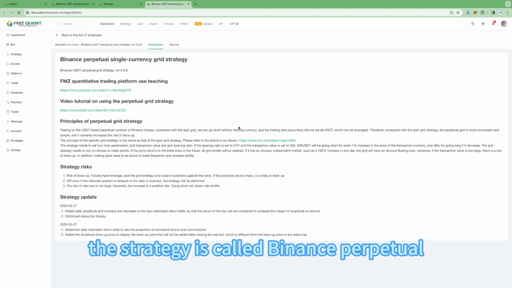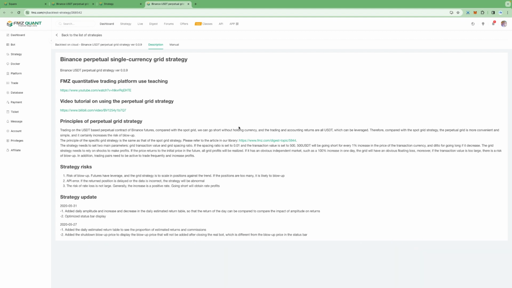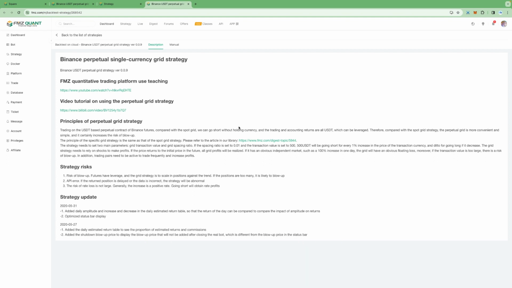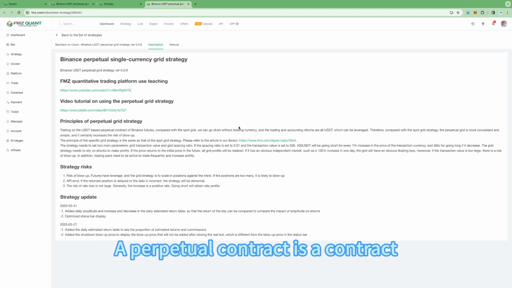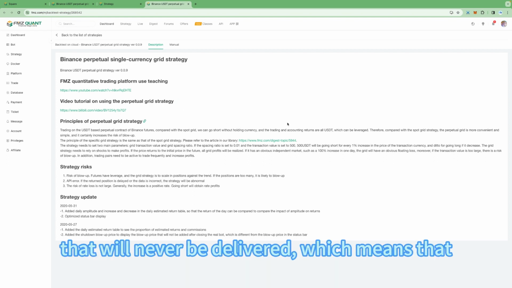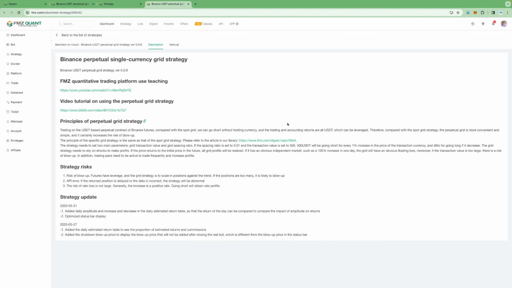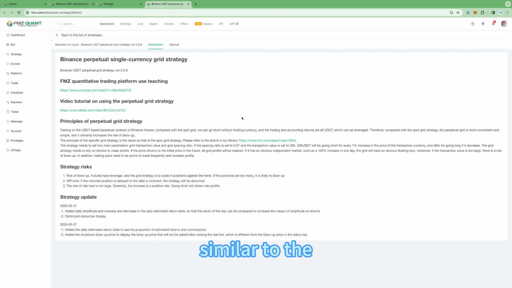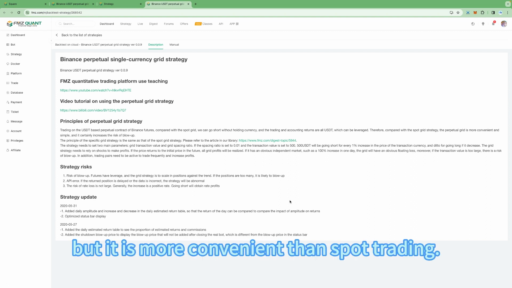The strategy is called the Binance Perpetual Single Currency Grid Strategy. A perpetual contract is a contract that will never be delivered, which means that a grid operation can be performed, similar to spot trading, but more convenient than spot trading.